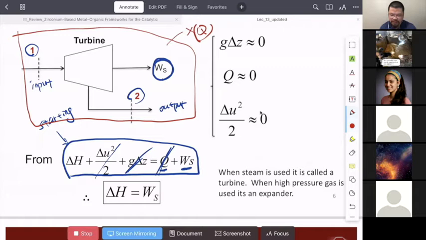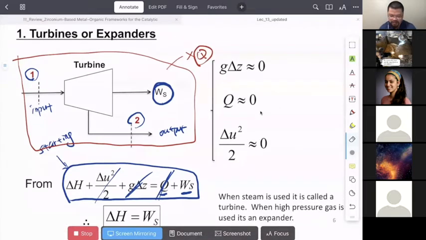So now if we look at the simplified form for the turbine calculation, then this is quite simple, as delta H is the shaft work, and delta H is the enthalpy difference between the outlet and the inlet. Okay, so that is a typical turbine.